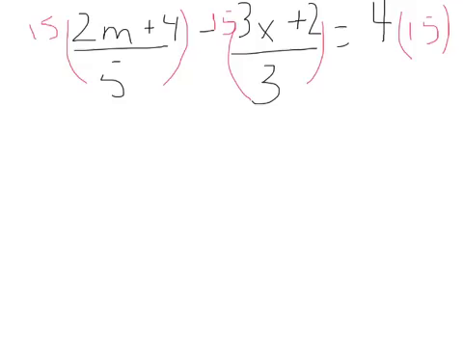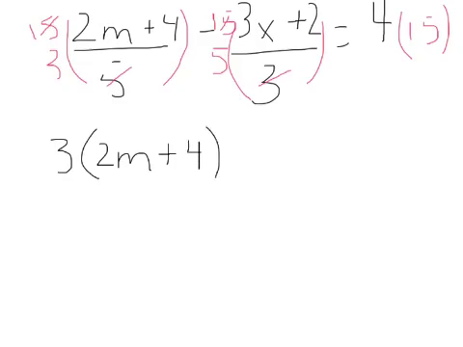So now I can do some canceling. I know that 15 divided by 5 equals 3. I know that 15 divided by 3 is 5. And then I'm left with 4 times 15. Now let's clean all of this up so it's easier to read, and we can see where we have to go from here. These are all steps that you should show in your work, on your quizzes, and on a test.